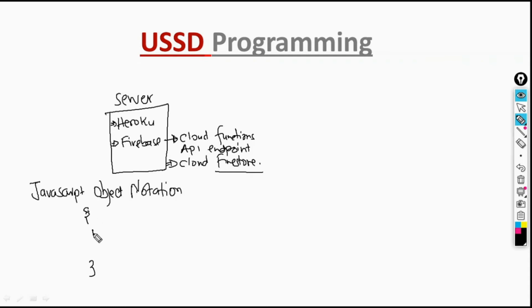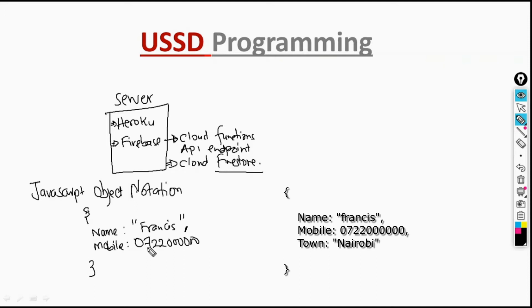Then there's the key, maybe name, and there's the value, Francis, maybe mobile number. This is a number, so you don't need to put it in quotes. 22000000. That's not my number. So this is the database that we are using, that we are calling Firestore, will be storing data in this notation. I'm going to show you exactly how it looks.